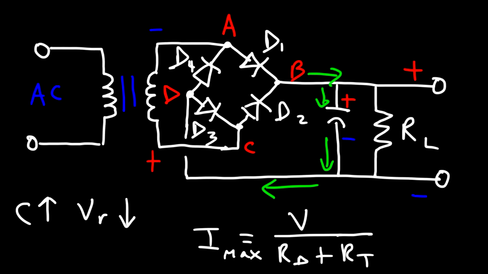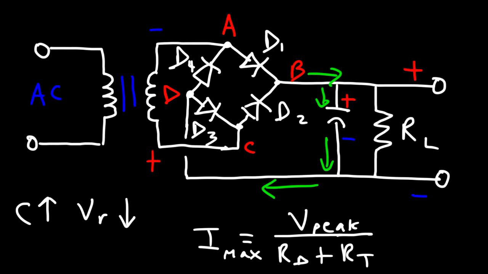So how can we protect the diodes from the surge current so that the diodes don't burn out? Now granted, the surge current usually doesn't last long, so it may not always be a big problem. However, you don't want to go past the maximum rating of the diodes. So what you need to do is determine what your maximum peak voltage is minus the voltage drops of the diodes, which 2 diodes will be active at any point.